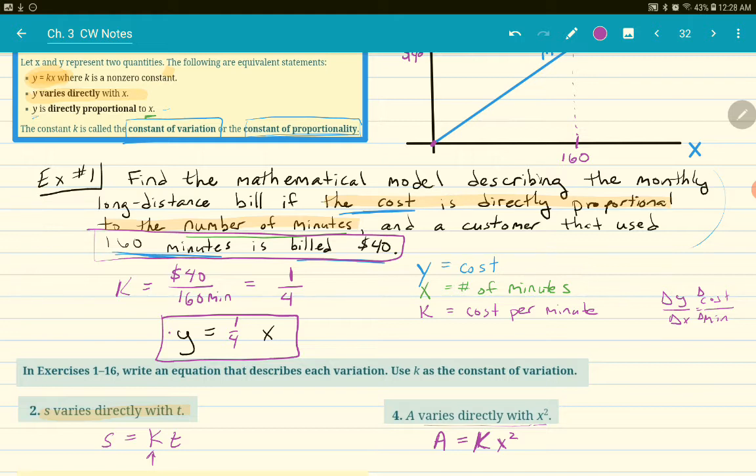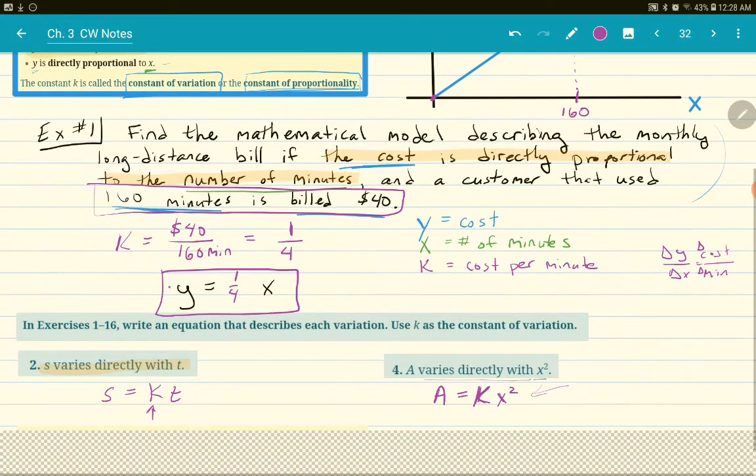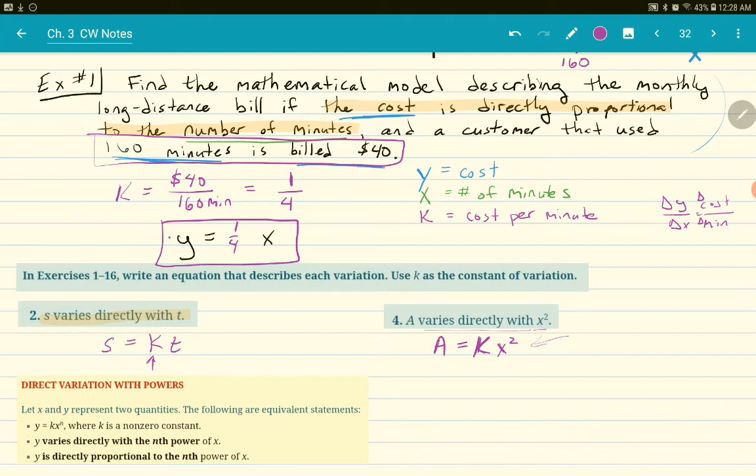They have those big doughy eyes, big heads, tiny little limbs and big thighs, so their different body parts actually grow at different rates. That is an example of something that might vary directly with a power of x rather than x. So that is another example of a direct variation.